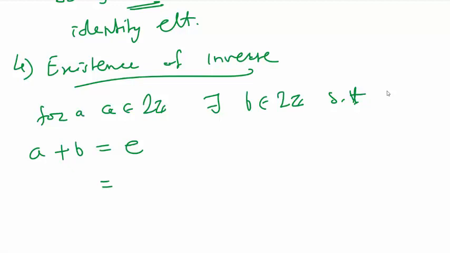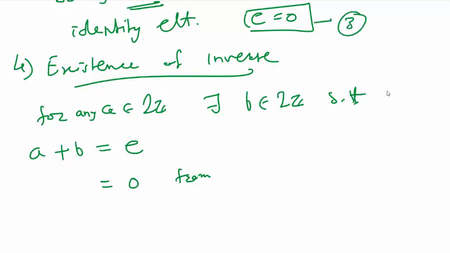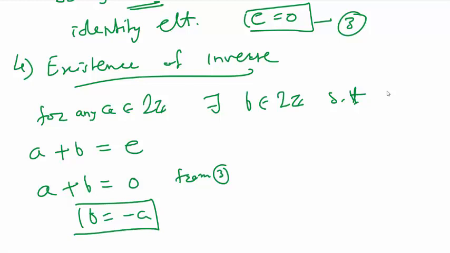Here for any a, e is important. For any a belongs to 2Z, here e we already found, e = 0, from the third property. So b = minus a for all a belongs to 2Z.